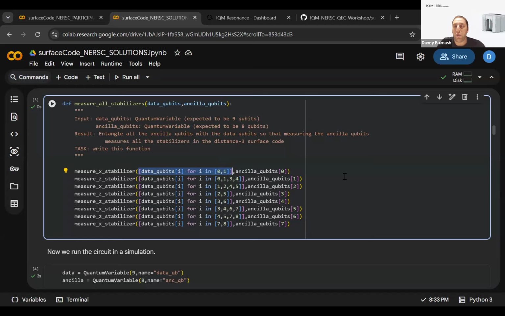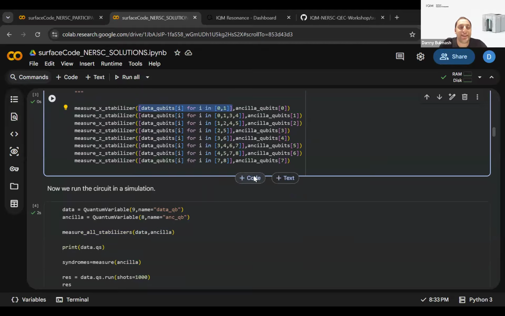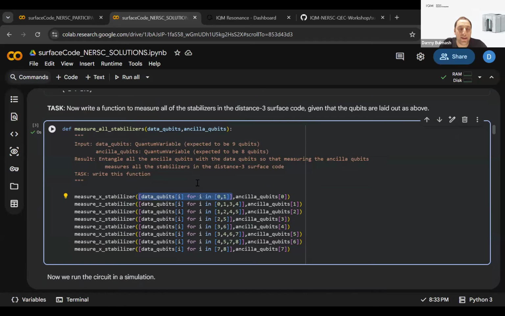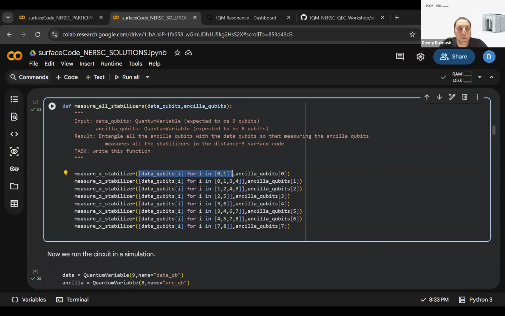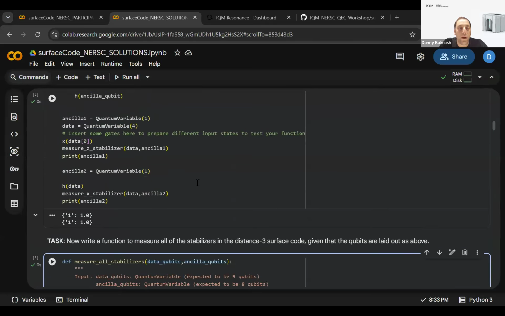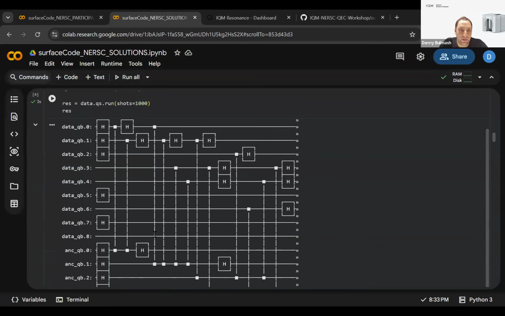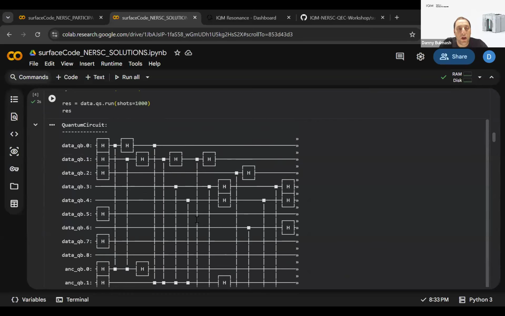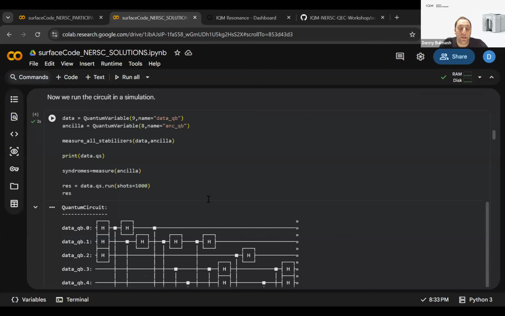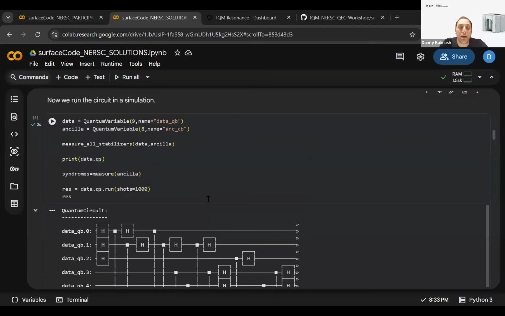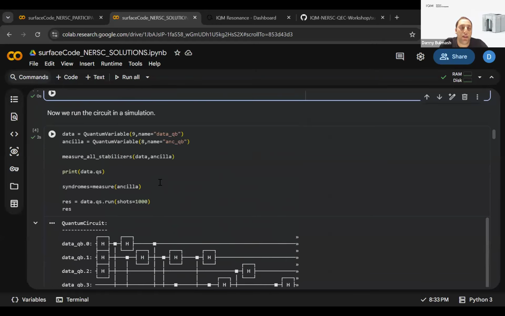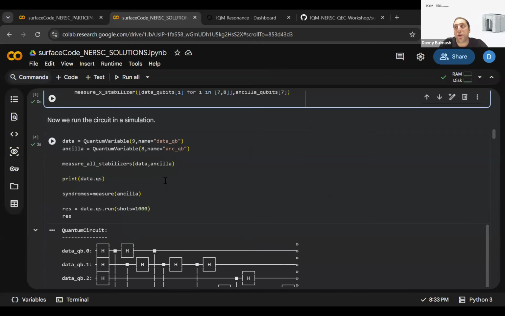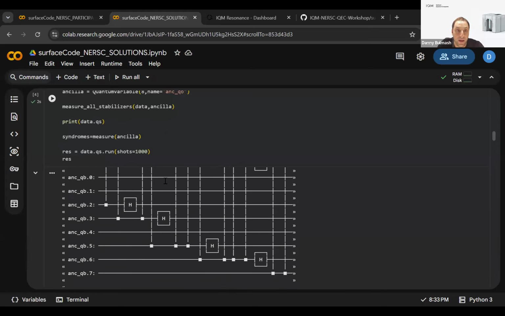I see a question about what is introducing errors in the simulation. It's not actually an error per se. It's something like an error. What's happening here is that when we measure an X stabilizer, the qubits start out in the state 0, and the X stabilizer asks about whether or not qubits are in the state plus. There's some quantum randomness that comes in here.